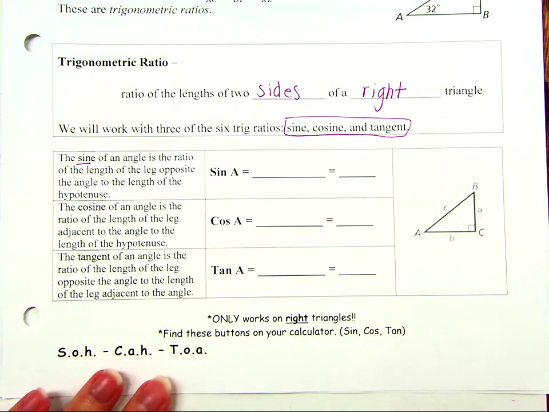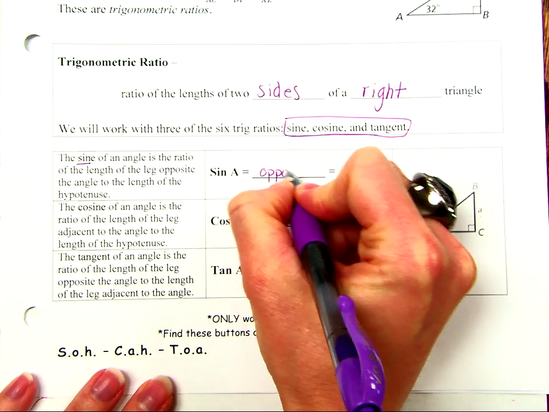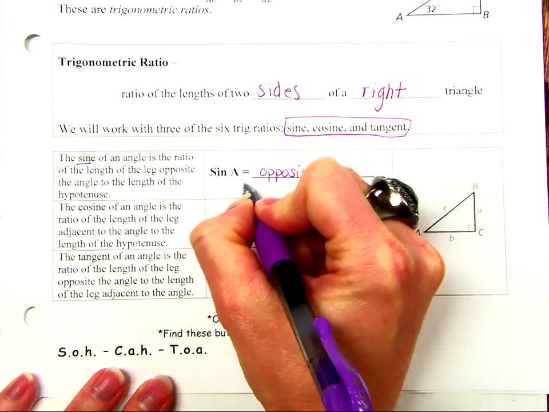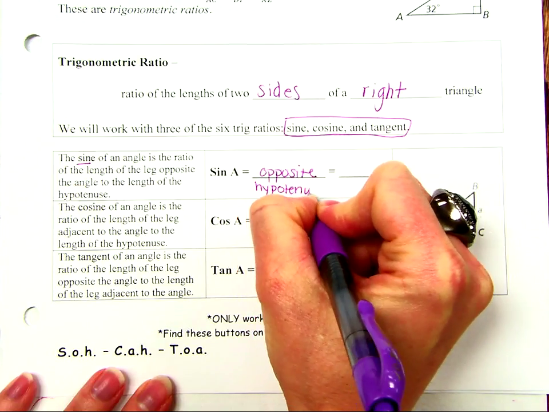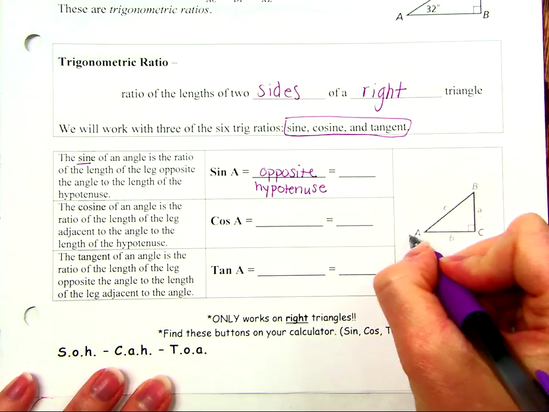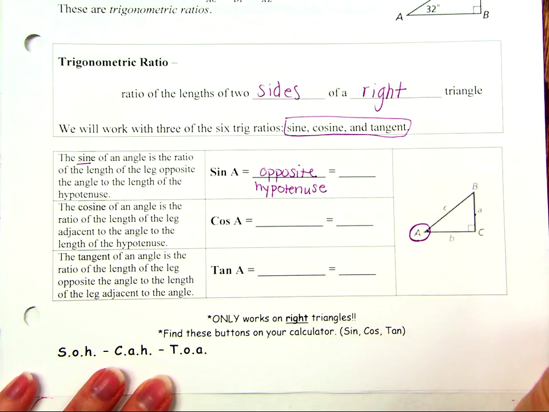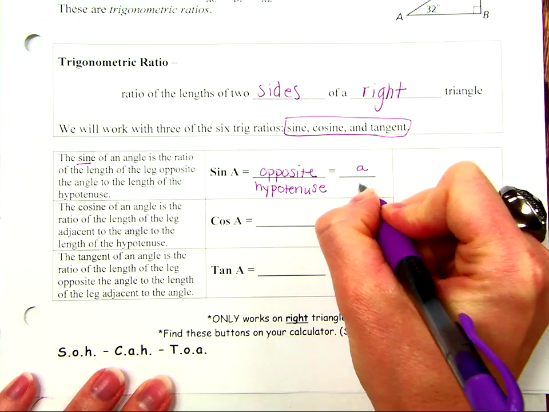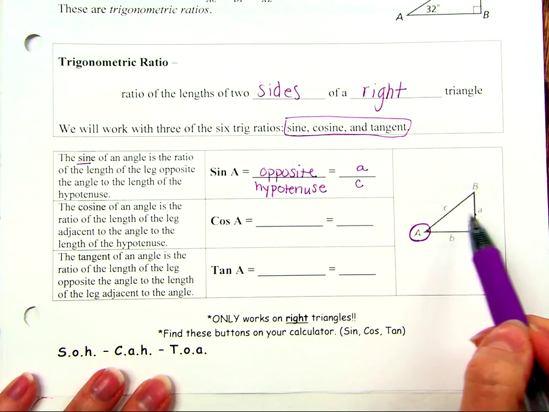The definition for our sine ratio says that it's the length of the opposite leg over the length of the hypotenuse. So my sine of angle A: from angle A, the opposite side would be side A, and my hypotenuse would be C. So this ratio would be A over C.